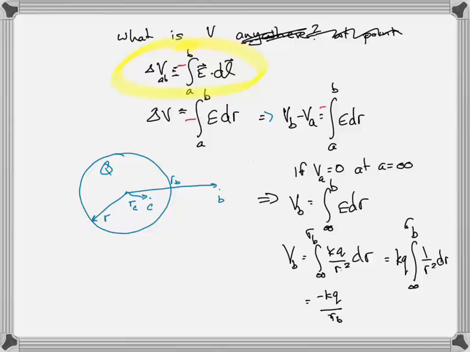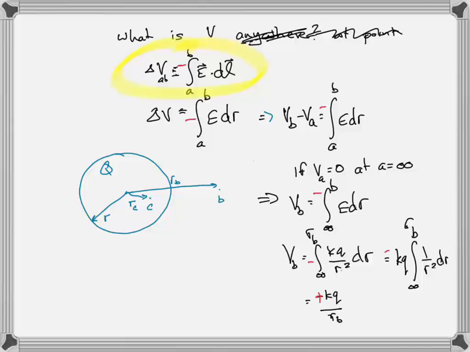I got to the end and thought, wait a second, we already said that the potential due to a point charge is positive KQ over R, and that's because I left out the minus sign. Hopefully you caught that earlier. So that's the potential at RB.